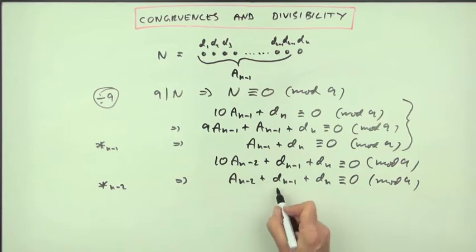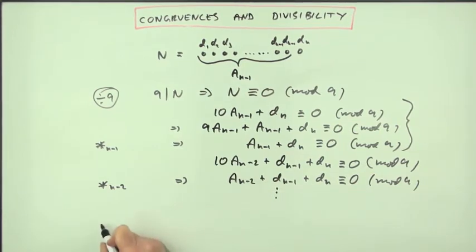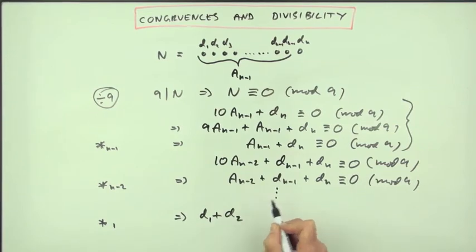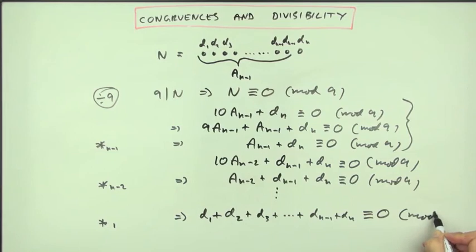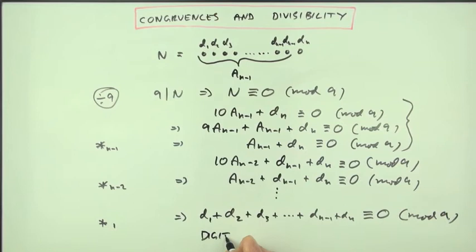And similarly, following that pattern, until you got down to the line where it was just the number 1, you would have eventually that A1, which is the same as D1, so D1 plus the succeeding digits, D1 plus D2 plus D3, all the way to Dn minus 1, Dn must be congruent to 0 mod 9, and that says the digit sum. Digit sum divides by 9 or is a multiple of 9.